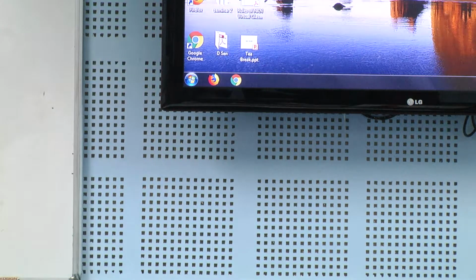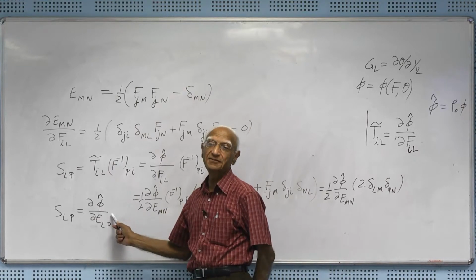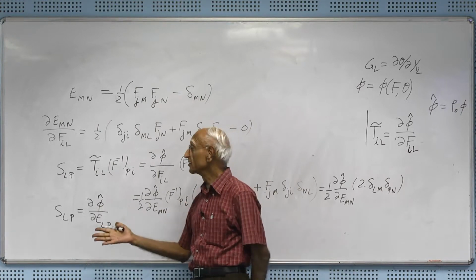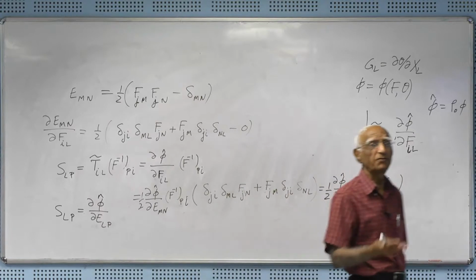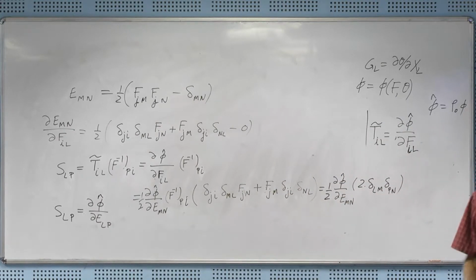So one reason people use the second Piola-Kirchhoff stress tensor in codes is because of this relationship, because phi hat serves as a potential. So you can write a variational principle if you like, or the principle of virtual work if you like. We can write the principle of virtual work in terms of the first Piola-Kirchhoff stress tensor too, but then you have to work with 9 components. Now you have to work with 6.